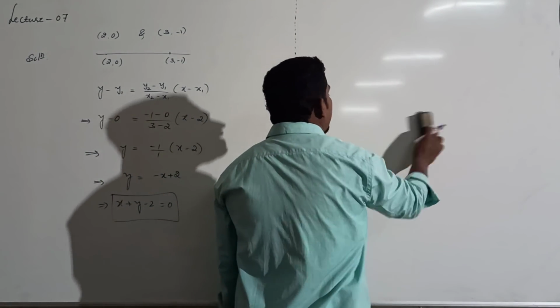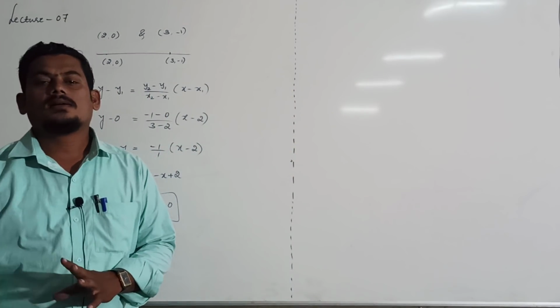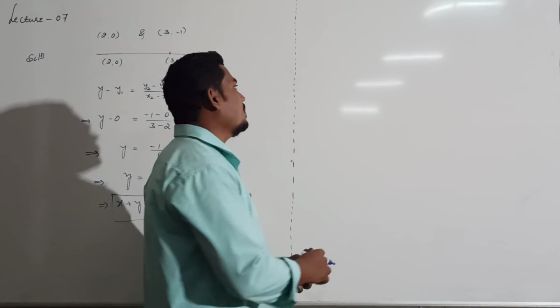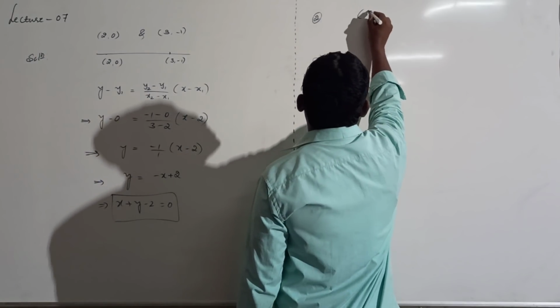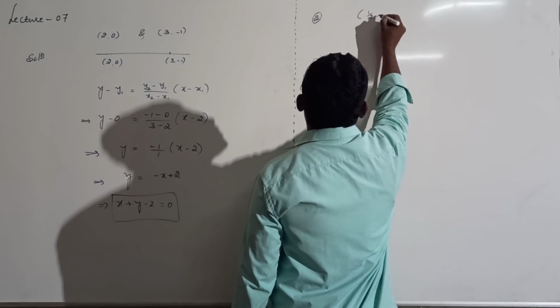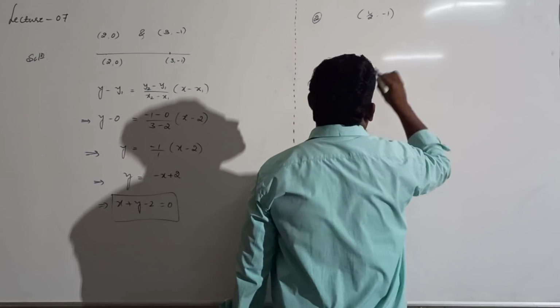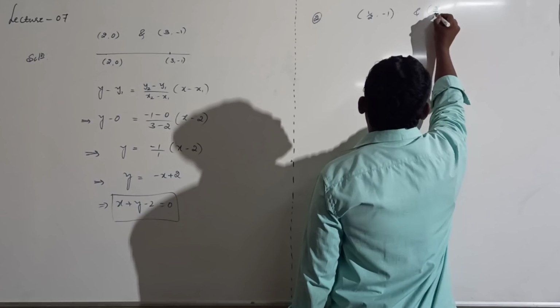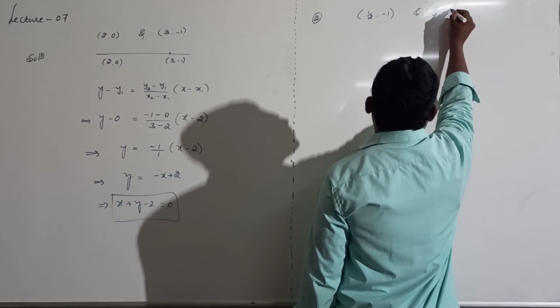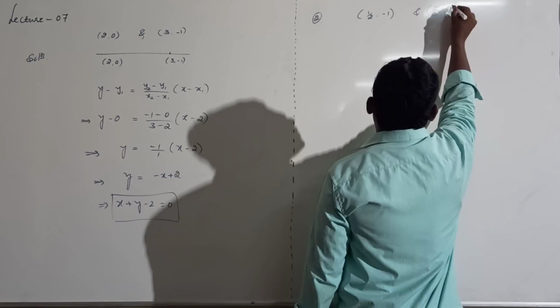Next, find the equation of the line which passes through the points (1/2, -1) and (3/2, 3).